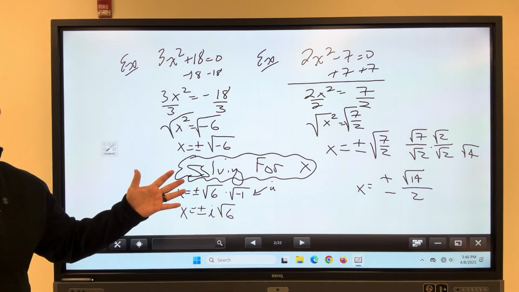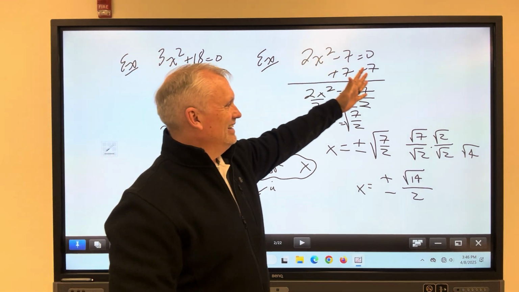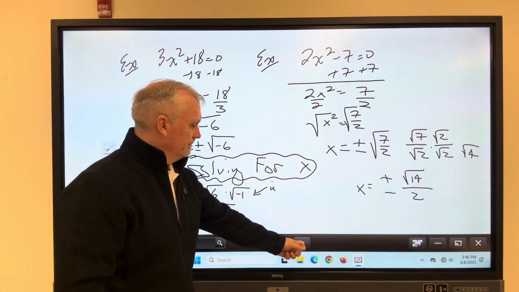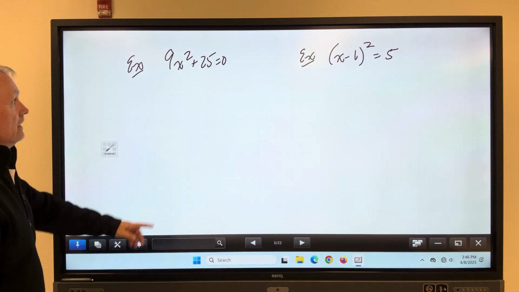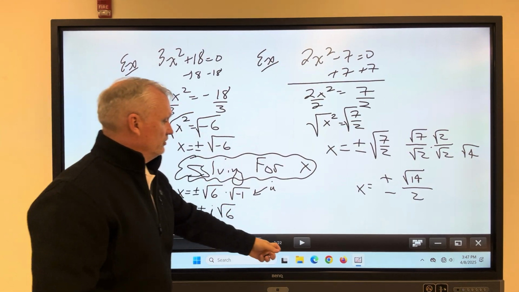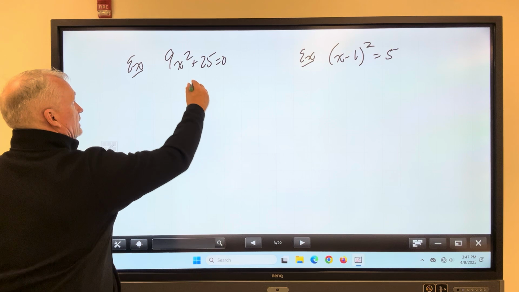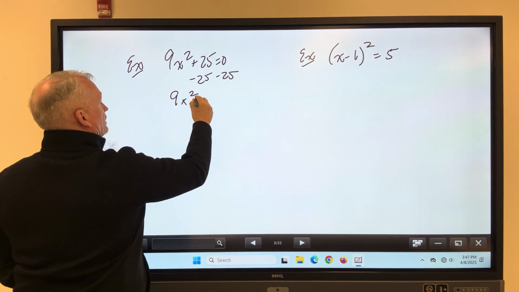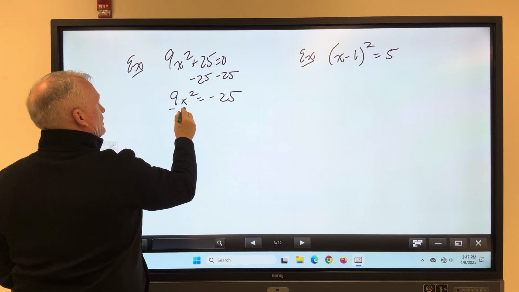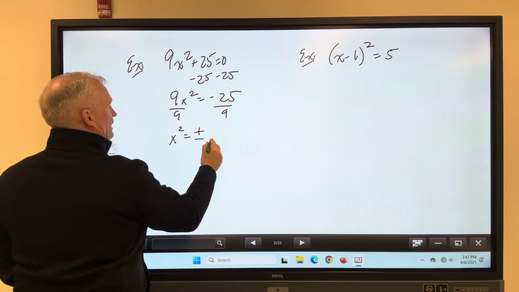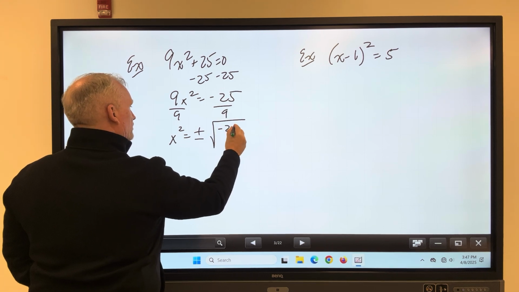Notice how we did not lose any of those skills from the previous chapter. Next. Well, this looks like an awful lot like this one, but we'll solve it. Minus 25 both sides. 9x squared is equal to negative 25. Divide by 9. X squared is equal to negative 25 over 9, so x is plus or minus the square root of negative 25 over 9.